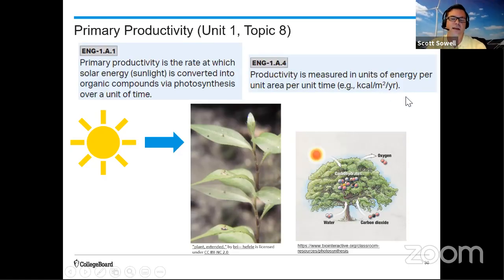So you might think that my front yard of a couple square meters is going to have a lower productivity rate than maybe a giant forest, because there are more plants doing more photosynthesis. So just think of productivity as the rate of photosynthesis that's going on.